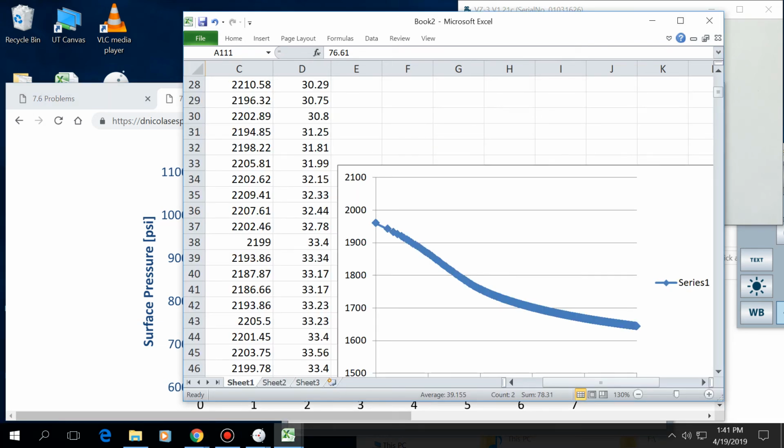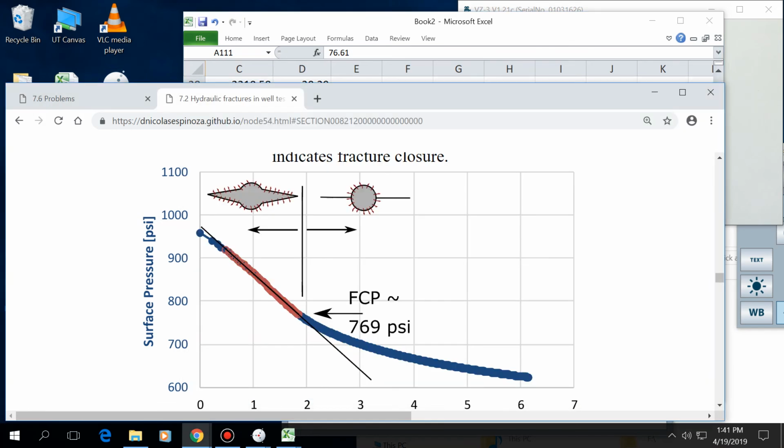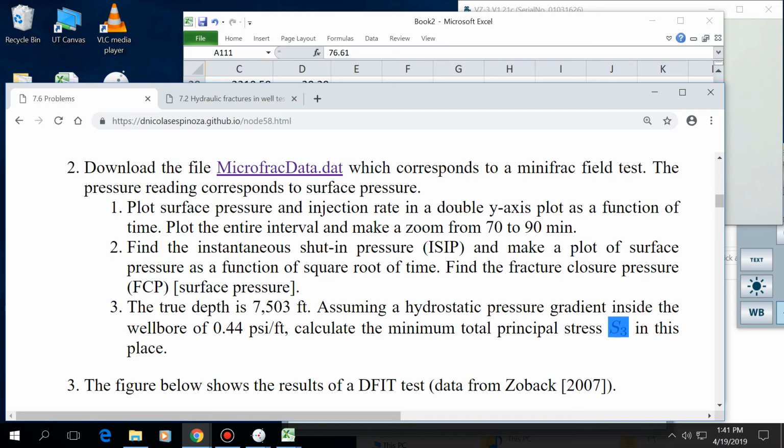You need to add the pressure that results from the column of fluid that goes from the surface to the depth at which this test was performed. And here you have the data. This is the true depth. You have the depth, you have the gradient, you can calculate the pressure. That's going to be the hydrostatic pressure. But in addition to the hydrostatic pressure, you have pumps on the surface that increase the pressure so that it can make a fracture.